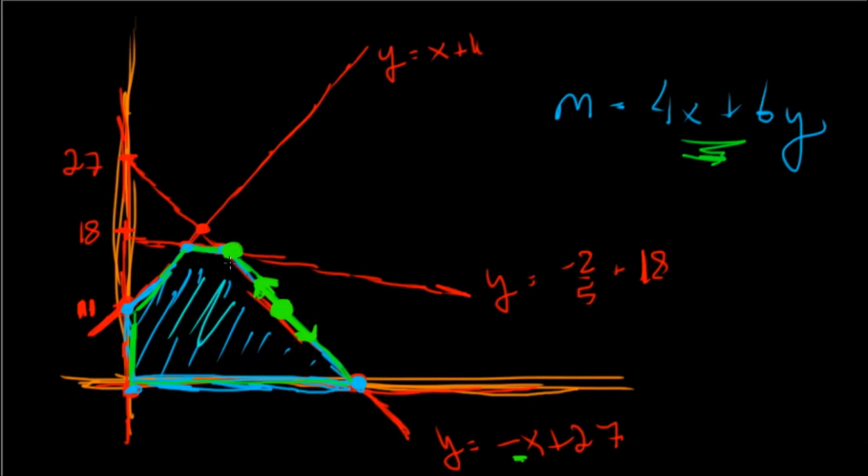All right, and this leads me to my final assertion. The solution to a linear programming problem must be one of the vertices of the region of feasibility. So let me write that down.